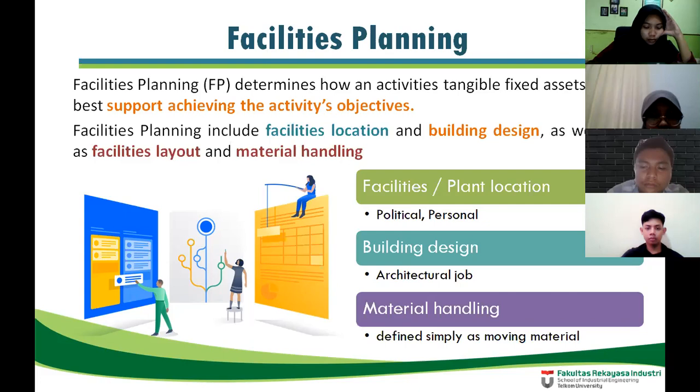You may implement this concept. So you have to find the right location so that the main activity, or the main objective of the activity, can run smoothly and efficiently.